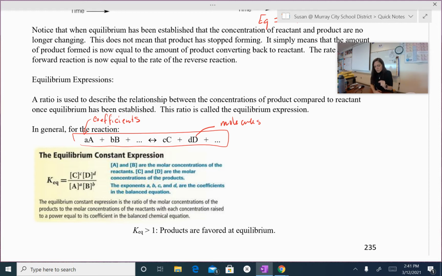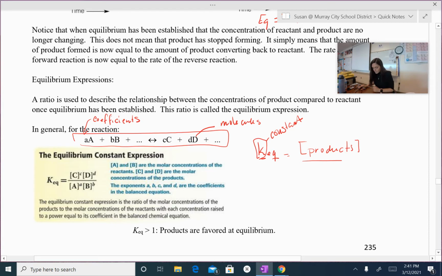So notice our equilibrium expression. When we do this, we have an equilibrium constant, this is a constant, okay? And we have our products over our reactants, okay?